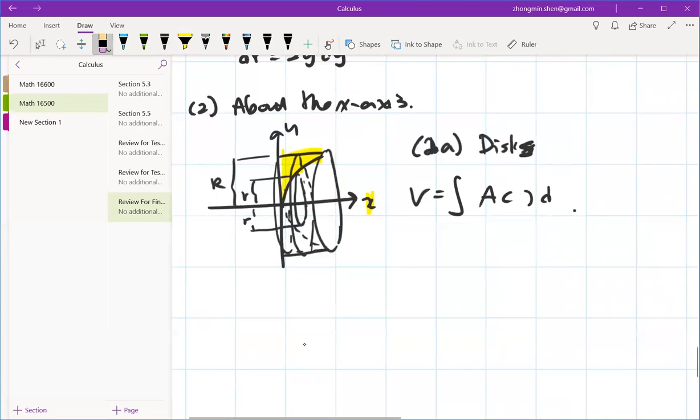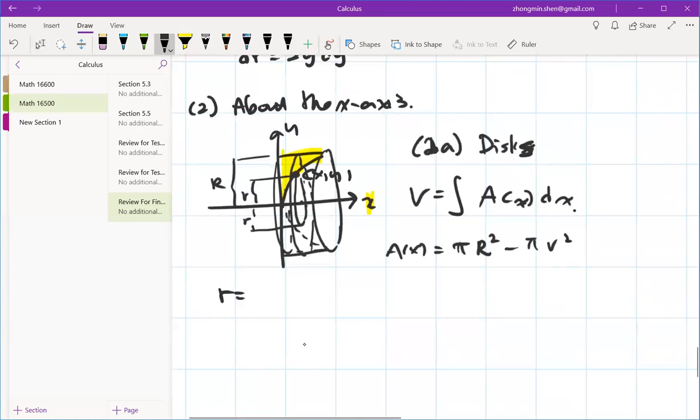Because this washer depends on the x parameter, right. So A(x) is going to be pi capital R squared minus pi little r squared. Okay. This is the origin point, so I use the x and y.